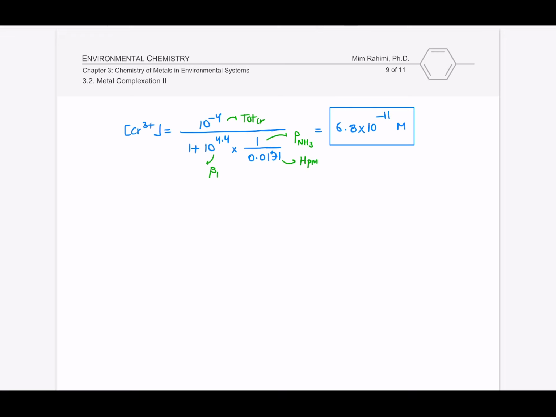So now we have chromium 3 plus. The rest would be just straightforward. We go backward, put it into other appropriate equations, and then calculate for each individual species.